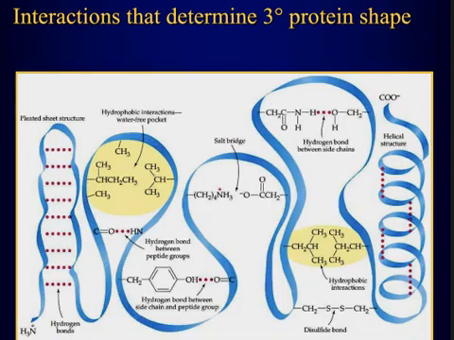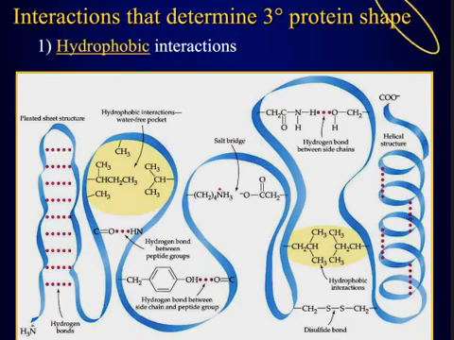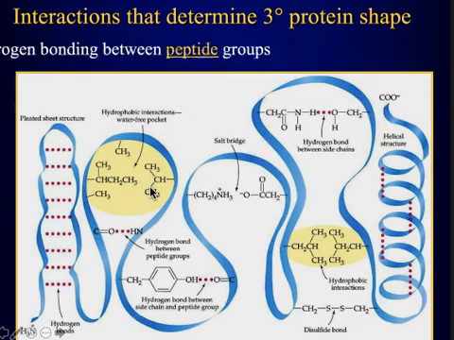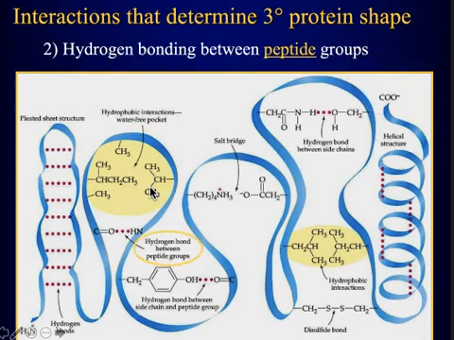So let's take a look at all of these interactions that we can get to get our tertiary structure. We can get pockets of hydrophobic interactions. If we get a bunch of amino acids together that are hydrophobic, so nonpolar, they can all interact with each other. We could also do our hydrogen bonding between peptides.